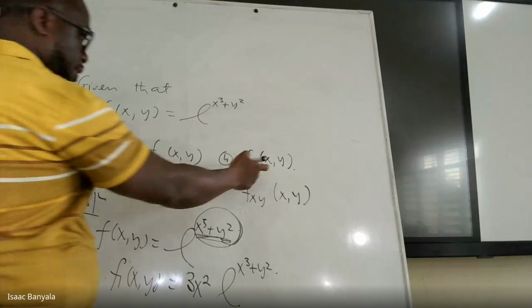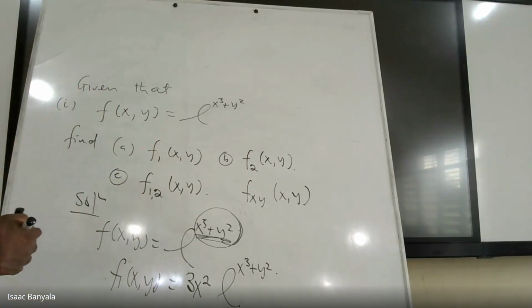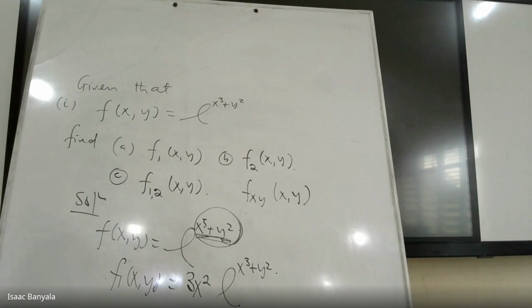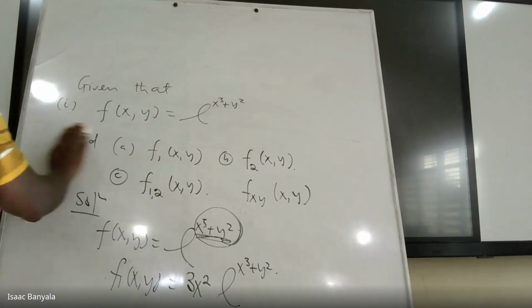This was the answer for the second one. Then we come to the last one. What's the answer for the second one? I got 3y squared, 2y. Aha.